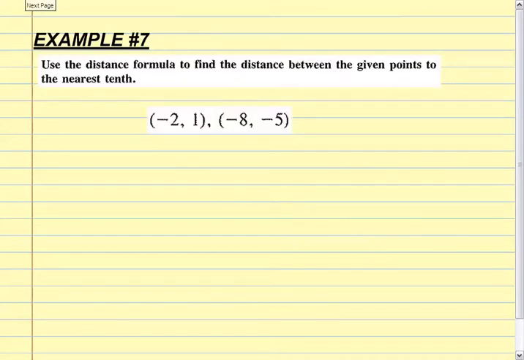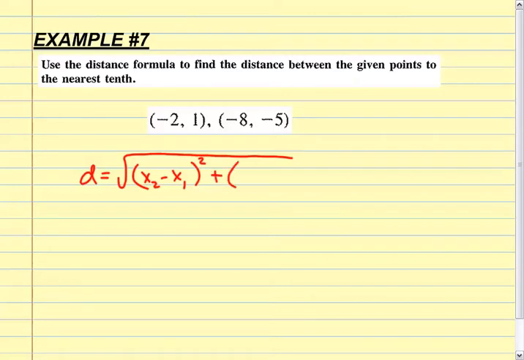Okay? Use the distance formula. Then I need to use the distance formula and not draw a picture. So the distance formula says D is equal to the square root of x sub 2 minus x sub 1 squared plus y sub 2 minus y sub 1 squared. Okay?